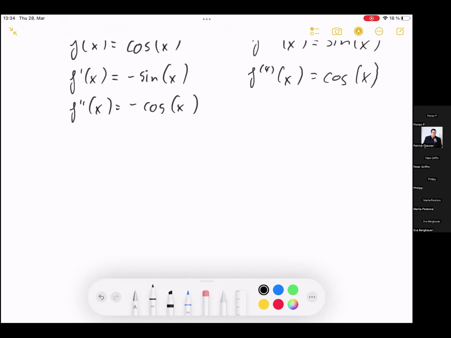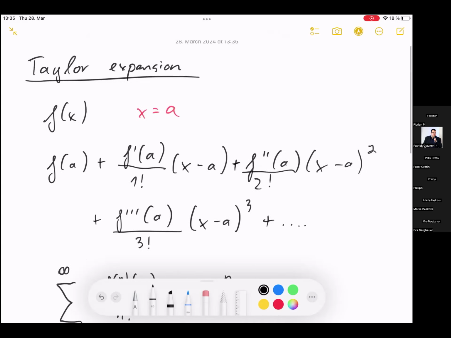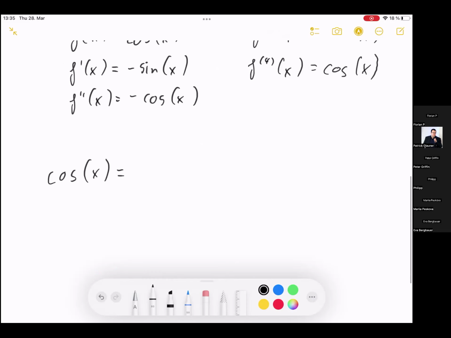We approximate it at a. This will be a little bit to write. In the slides, as usual, this is written down in a very neat way. So the approximation of cosine x is, and we assume that we know the value of cosine and the derivatives at a.